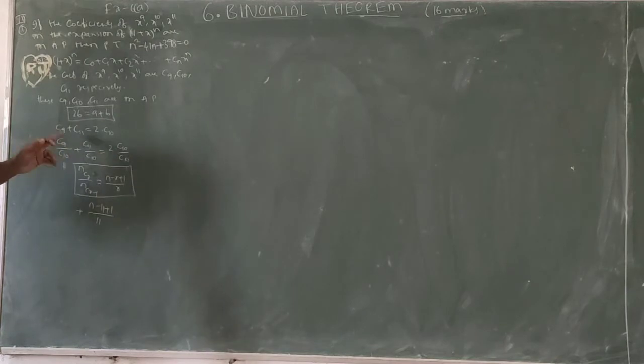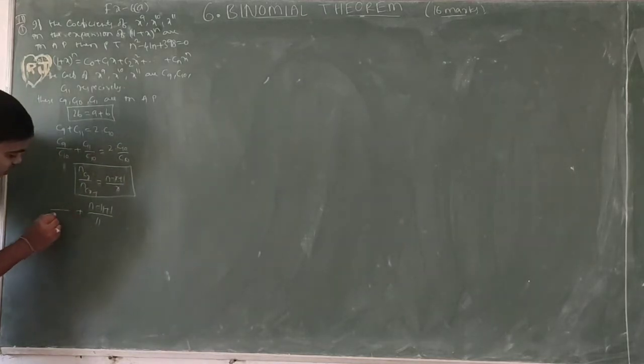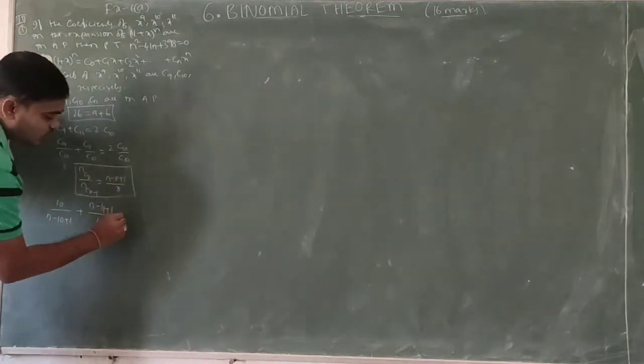Next, this is the reverse thing: nC9 by nC10. Actually, the formula is nCr by nCr minus 1, so this will be reversed. I take the reciprocal, with n equal to n, r equal to 10. So it is reciprocal: 10 by (n minus 10 plus 1), which is equal to 2.